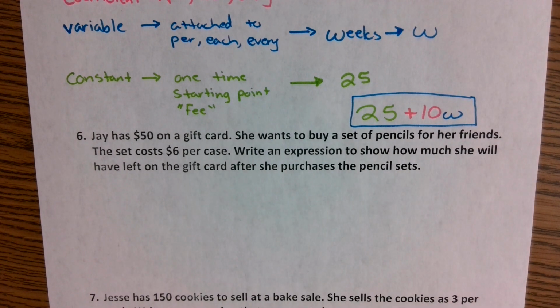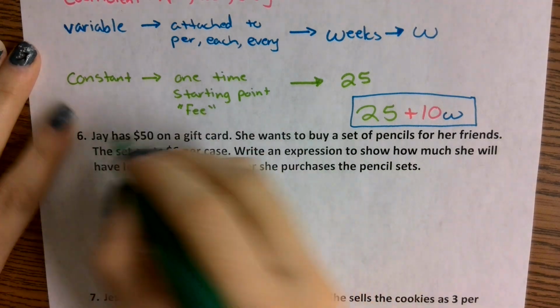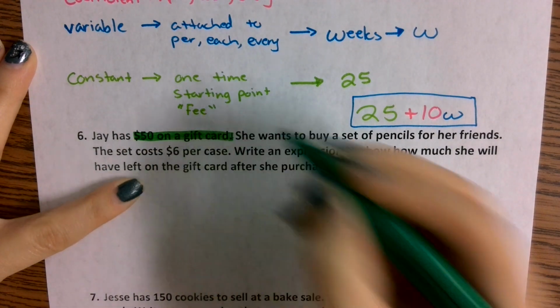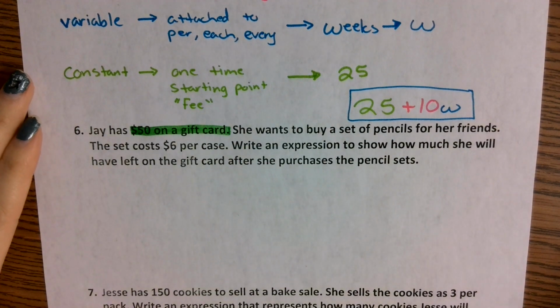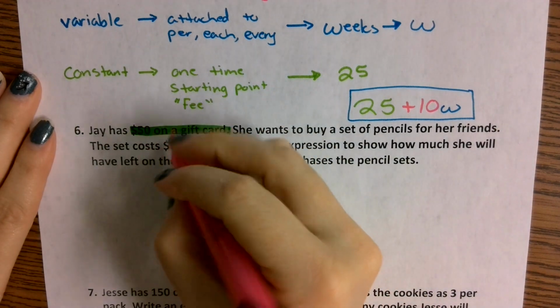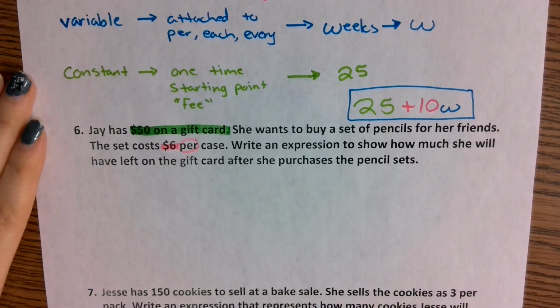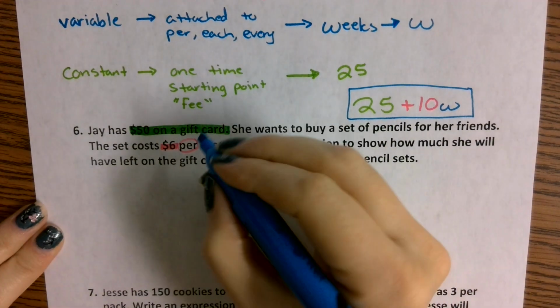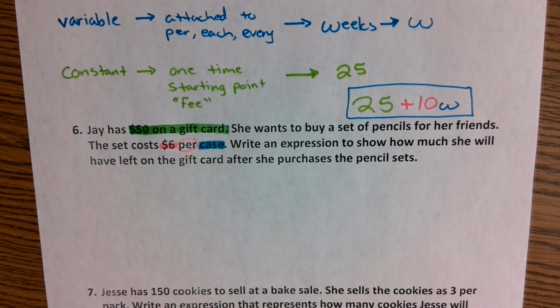So for problem 6, I know that my constant is going to be the gift card that he has, because it's a value that he's starting off with. I know that my coefficient is going to be the 6 because of that keyword per, and that the variable is going to be the number of cases that she's going to buy. When you're using a gift card and purchasing items, your gift card's value is going to decrease.